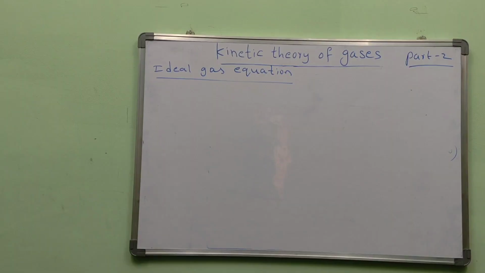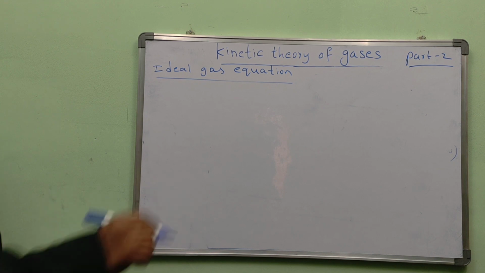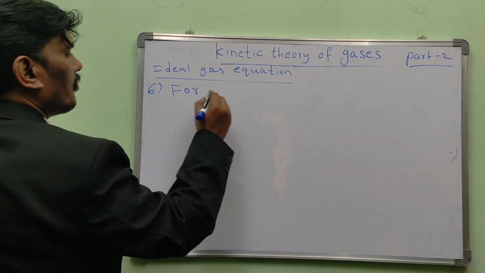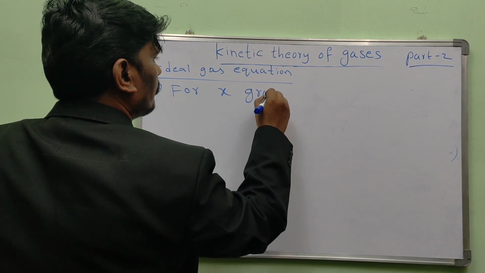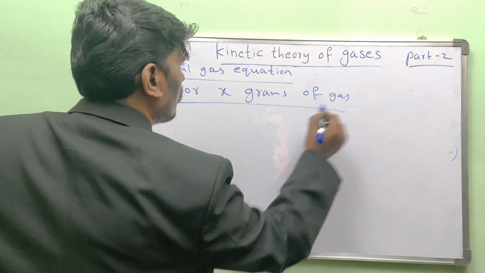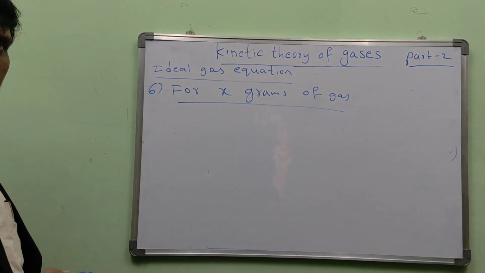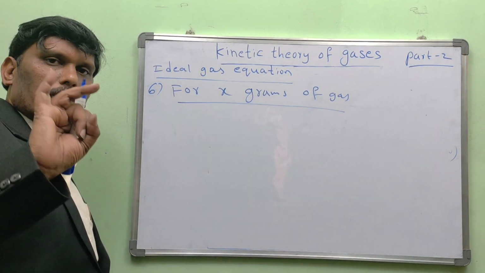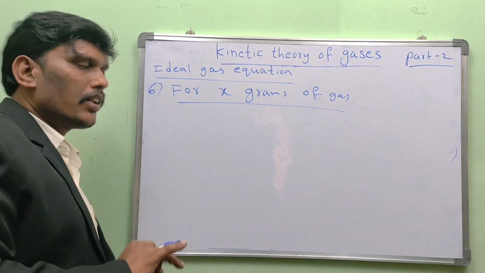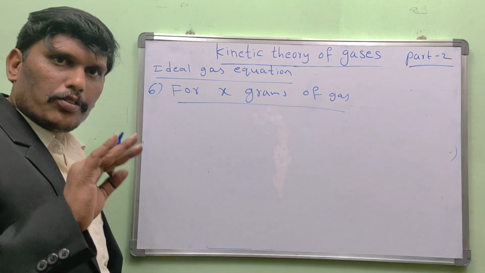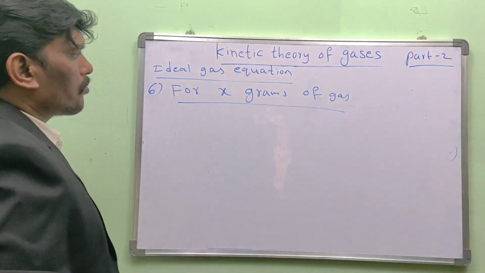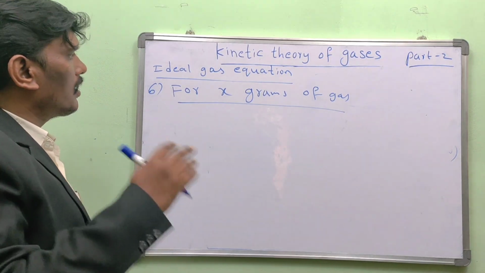T is the absolute temperature. Now the ideal gas equation, the sixth one, for x grams of gas. We wrote the equation for n moles, 1 mole, n molecules, 1 molecule, 1 gram of gas and x grams of gas, totally 6 forms.